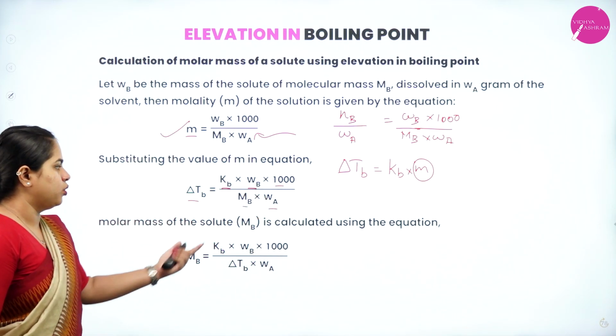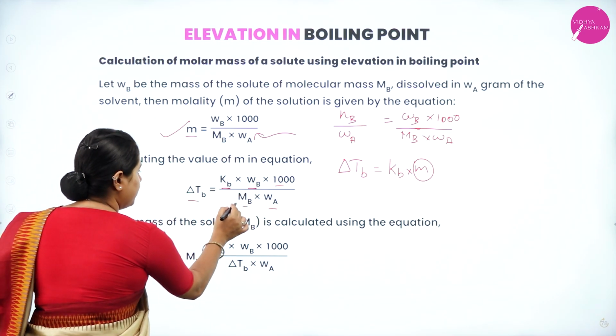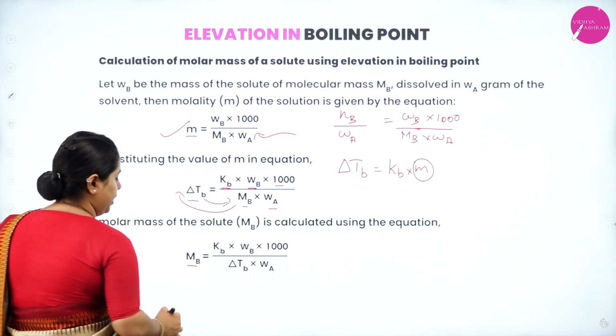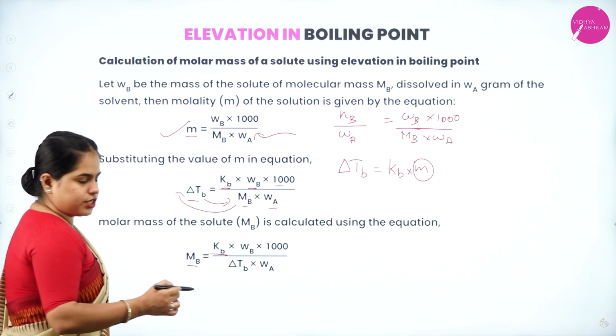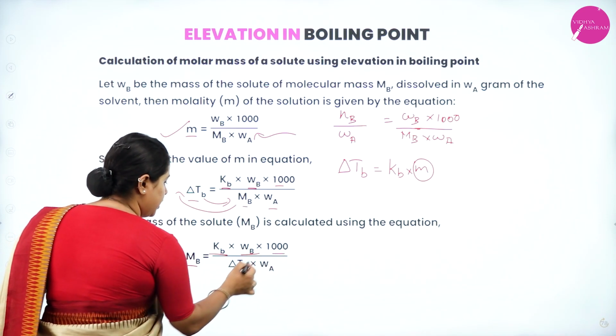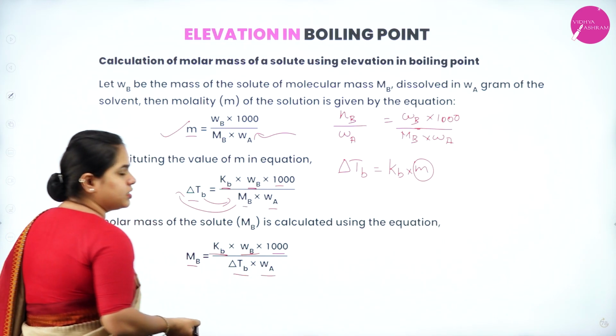The molar mass of the solute is calculated using this equation. We just rearrange this. We take this Mb here and this delta Tb will come here. So Mb, the molar mass of the solute, is equal to the ebullioscopic constant Kb into the mass of the solute into 1000, divided by delta Tb, the elevation in boiling point, into the mass of solvent.